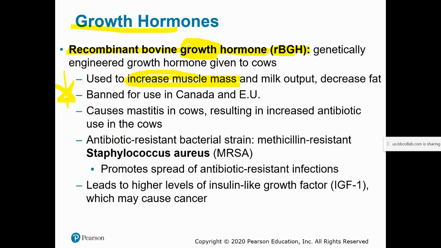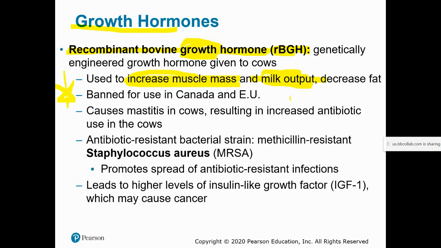So what happens is they will increase in muscle mass, and a lot of times it will increase their milk output. But it does not mean that we now suddenly have these magically healthy cows that just make endless amounts of milk and have endlessly large muscles. It's actually really damaging, perhaps not surprisingly once you think about it, to these animals.